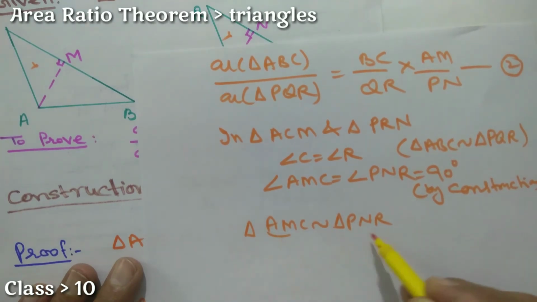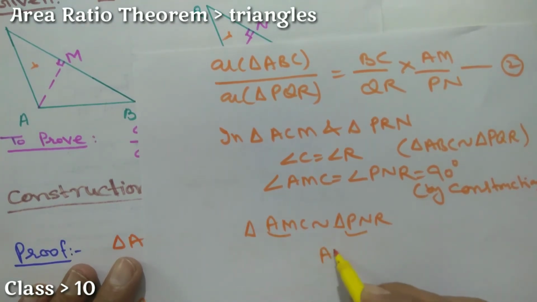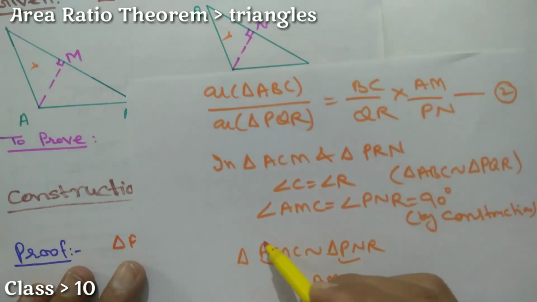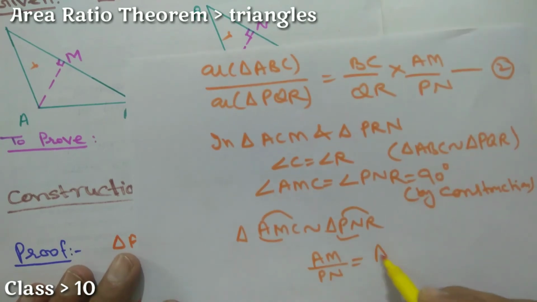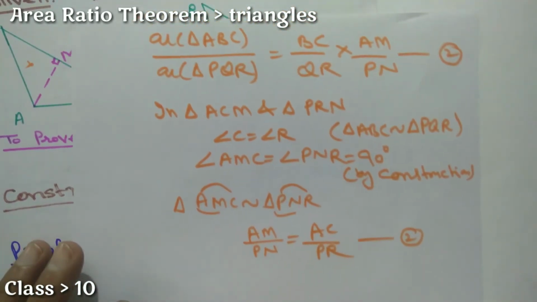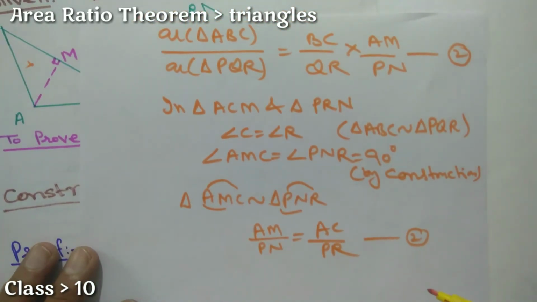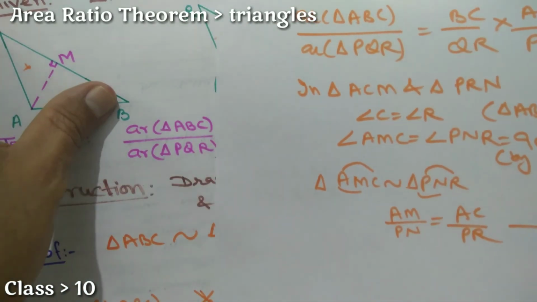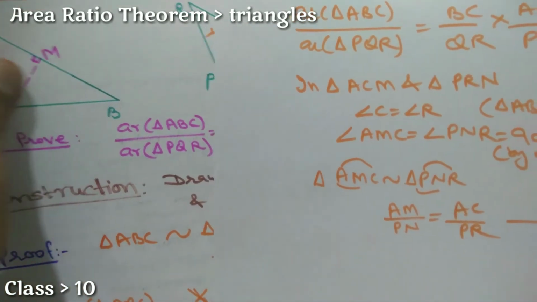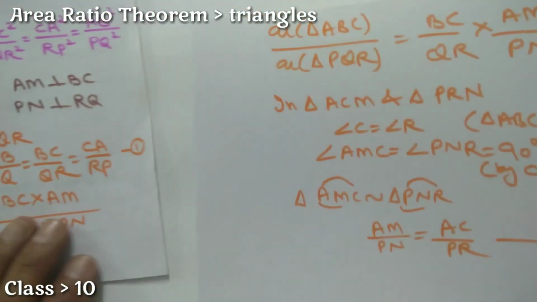So I am taking AM upon PN, which is equal to AC upon PR. It is number 3.